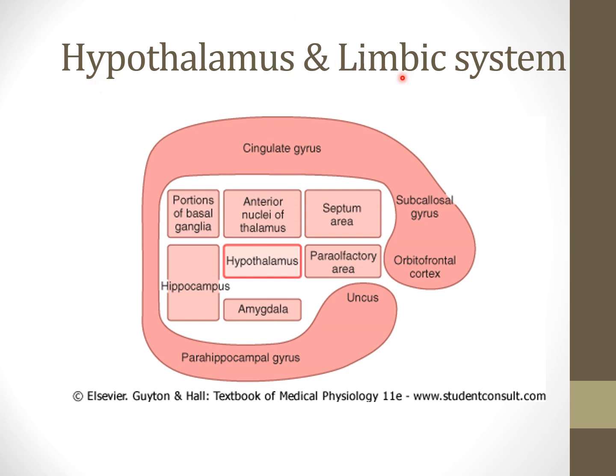Just imagine that you're stressed, anxious, or very happy. During all these conditions, the behavior is projected to the limbic system. The limbic system gets stimulated, and whenever it is stimulated, it sends impulses to the hypothalamus, so the hypothalamus acts accordingly.